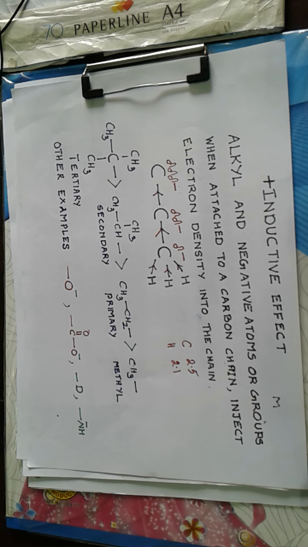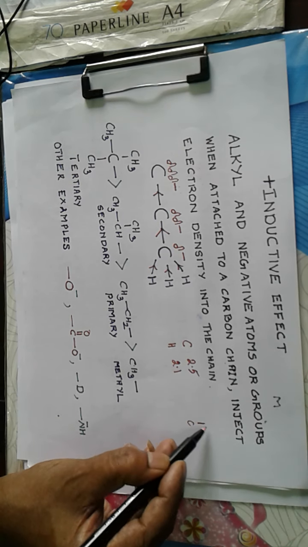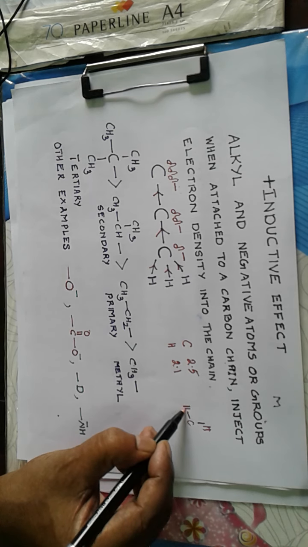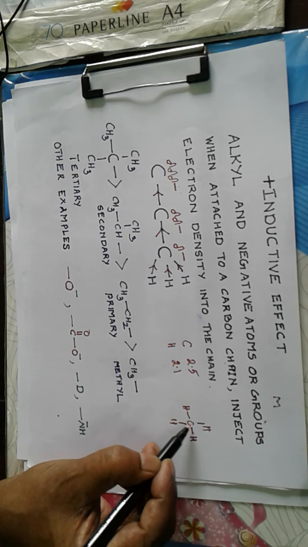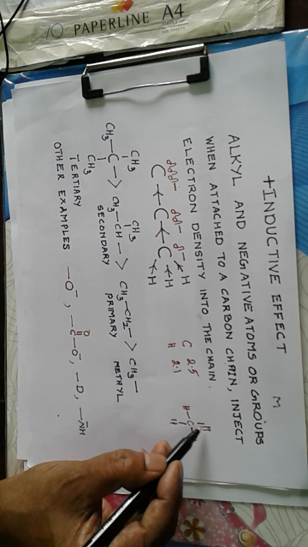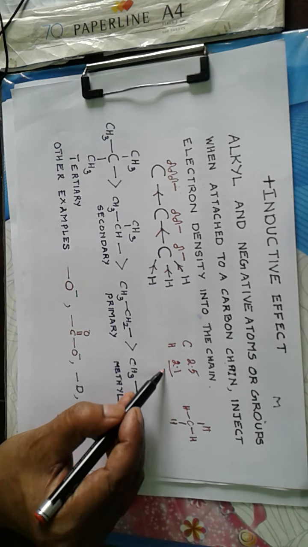Now we know water is a polar molecule, ammonia is a polar molecule, but methane is a non-polar molecule. This is because in methane we have carbon connected to hydrogen atoms, and the electronegativity difference between carbon and hydrogen is only 0.4.